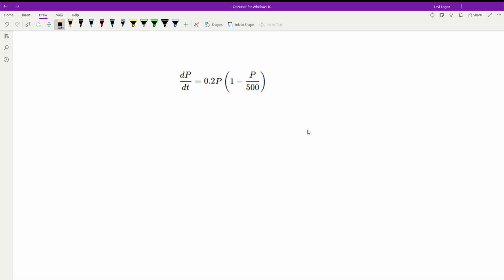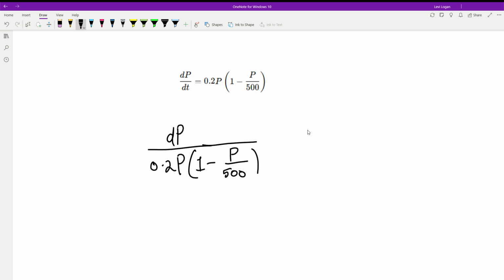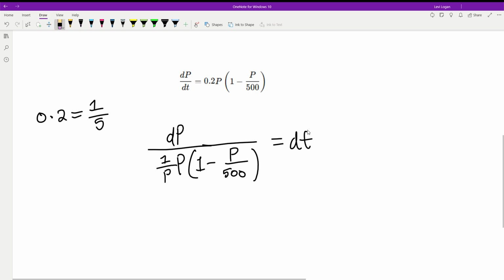By doing this, we're going to get dp over 0.2p times 1 minus p over 500 equals dt. Now the best thing to do at the moment is to convert the decimals into fractions or fractions into decimals. 0.2 is the same as 1 over 5, so we're just going to switch it to that.